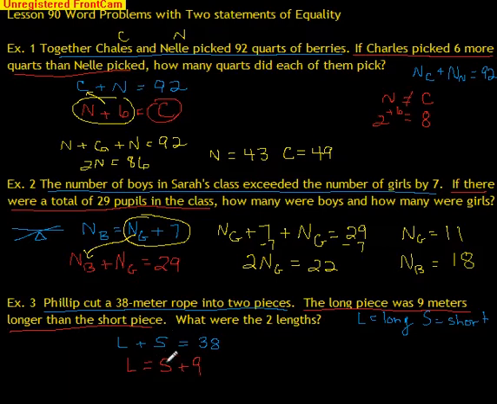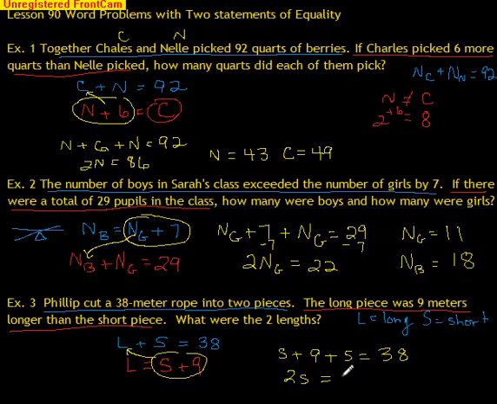We already have L equals S plus 9, so we're going to go back up here where the L is. We're going to say S plus 9 plus S equals 38. Then we'll get 2S equals, and I have to subtract 9 from that.